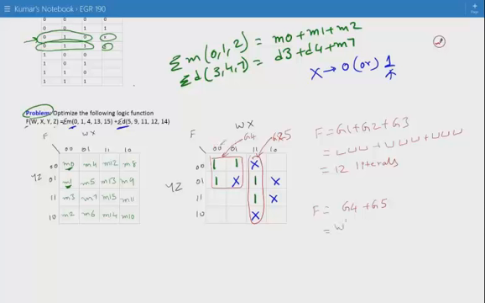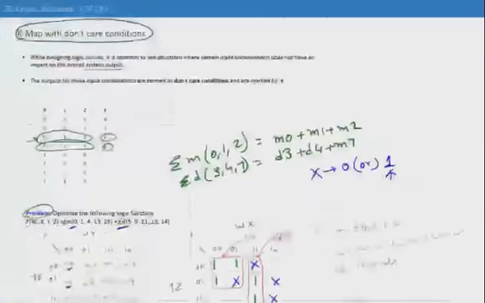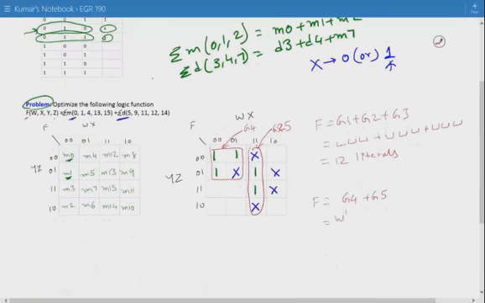Now X is 0 here, X is 1 here, X is changing, so we disregard X. Y is 0 here, Y is 0 here, so it is Y bar. And z is 0, z is 1 here, z is changing, so we disregard z.